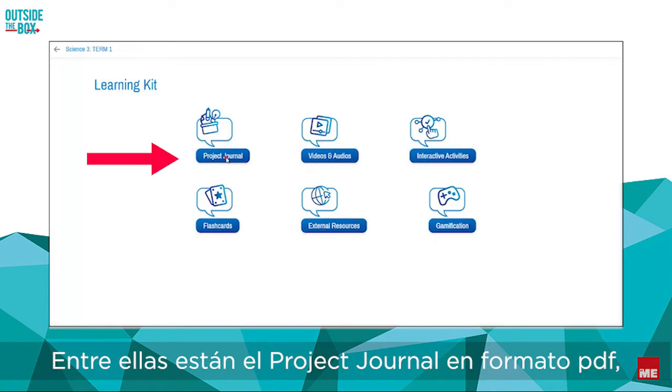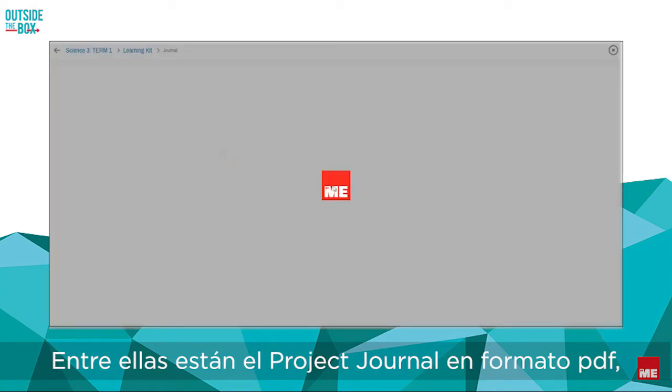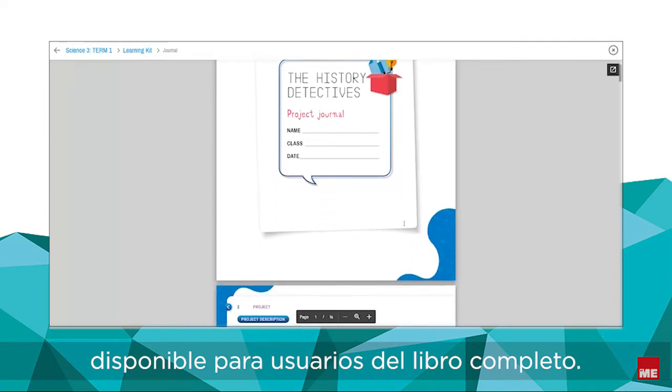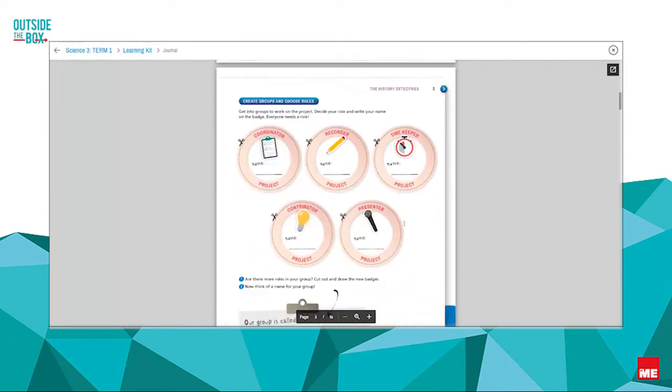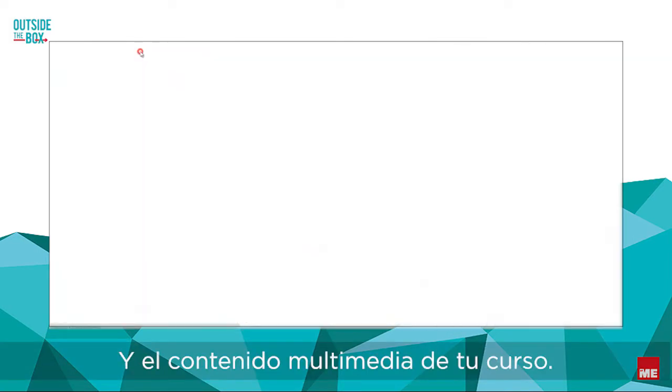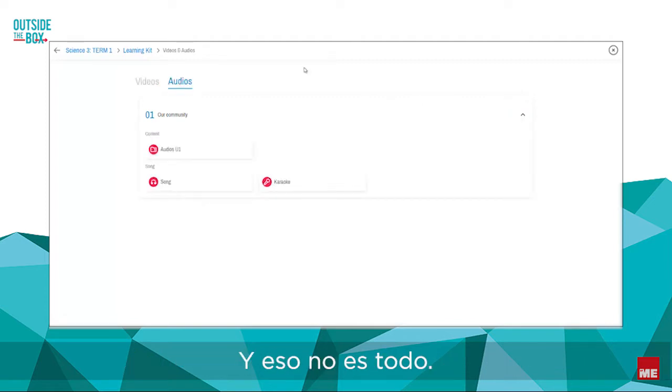These include the project journal in PDF format, available for users of the full coursebook, and your course multimedia content. That's not all.